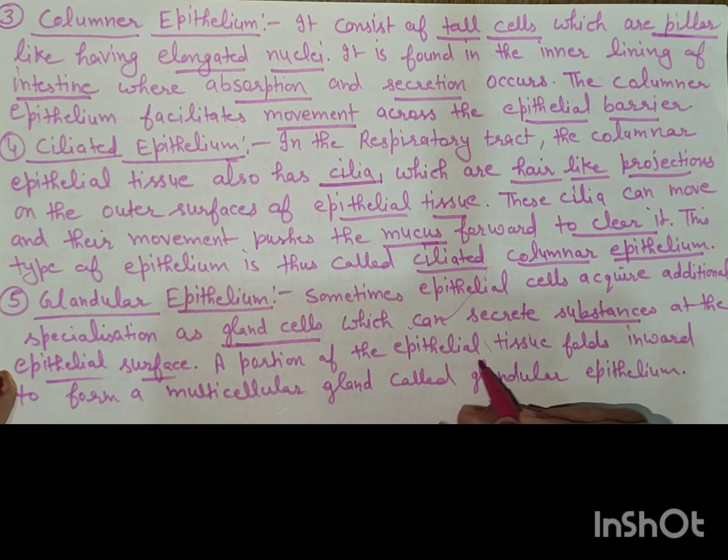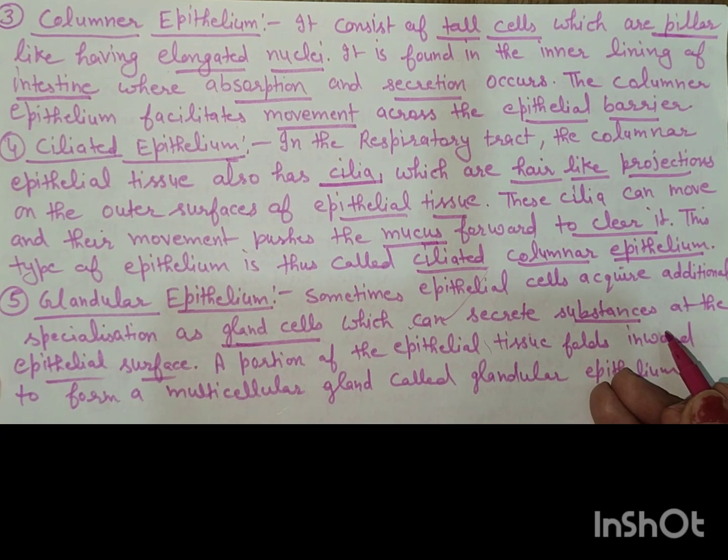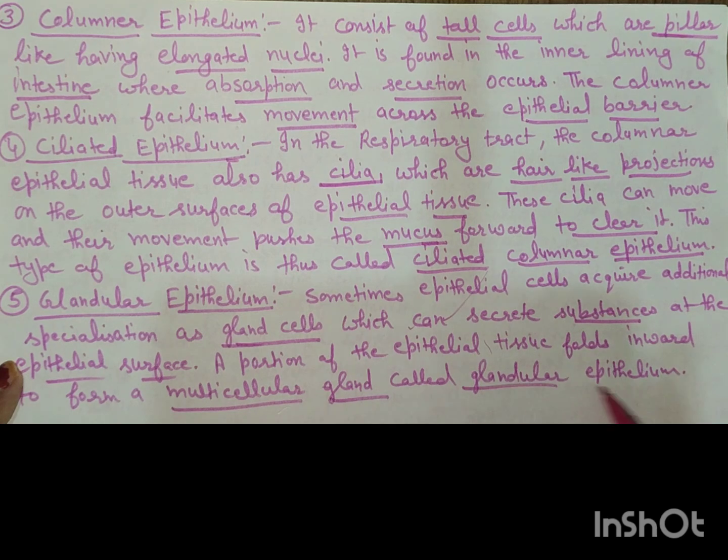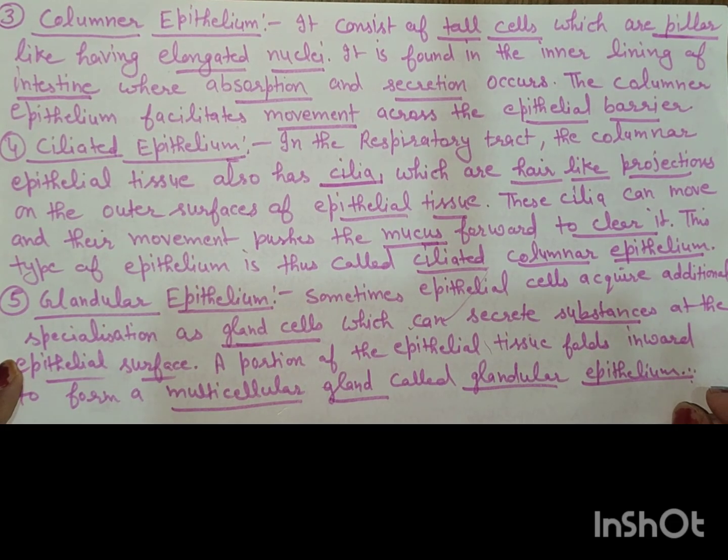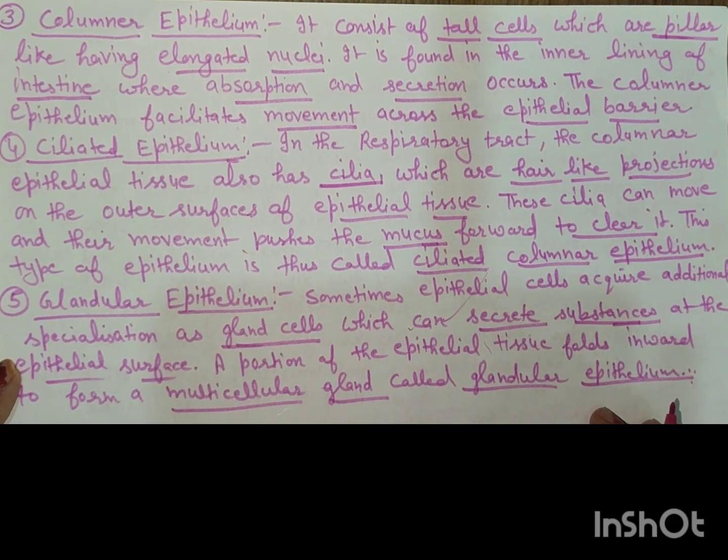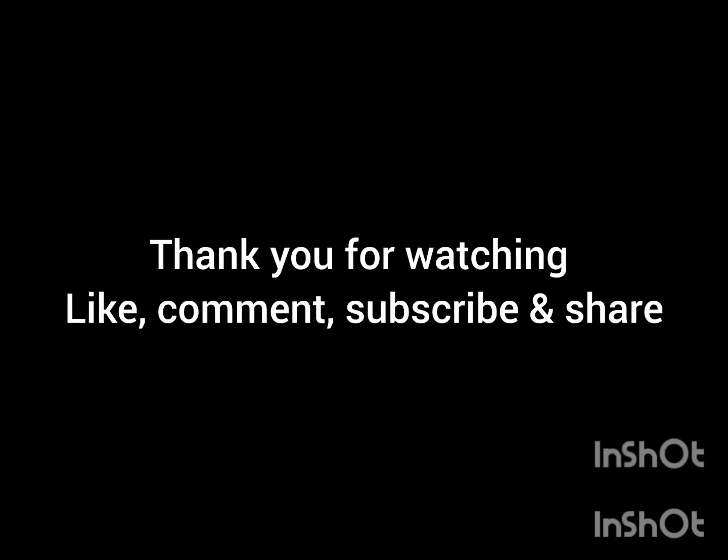A portion of the epithelial tissue folds inward to form a multicellular gland called the glandular epithelium. The mammary gland and salivary gland are examples of glandular epithelium, and these help in the secretion of substances.